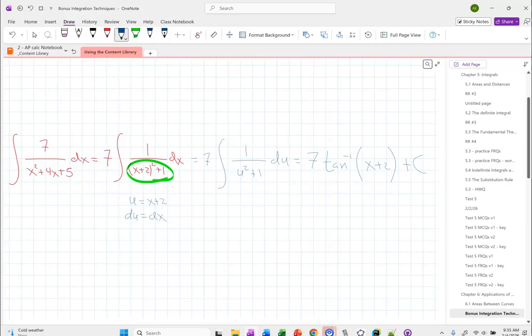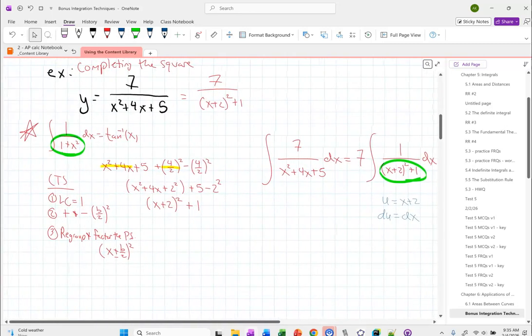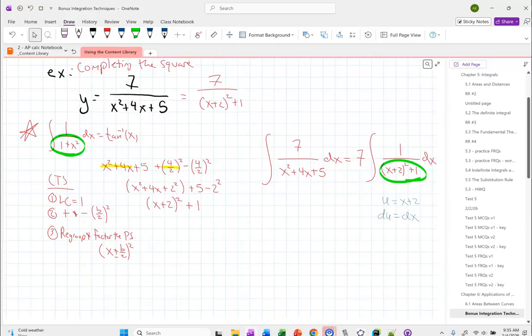I was just wondering if you can go back to the process. I get the end part, but how did you get to that 4 over 2 squared minus 4 over 2 squared? I don't understand where that came from. So I chose to do that. The second step in the completing the square process is I want to add and then subtract b over 2 squared.